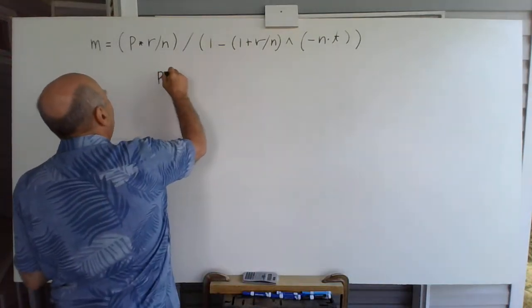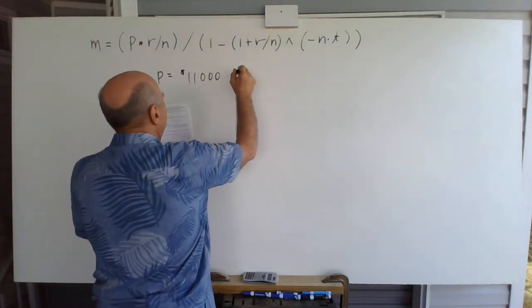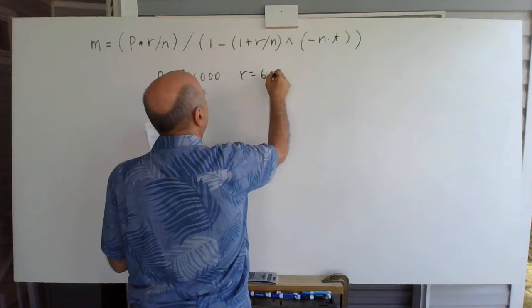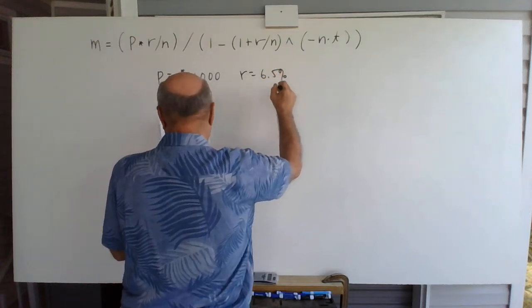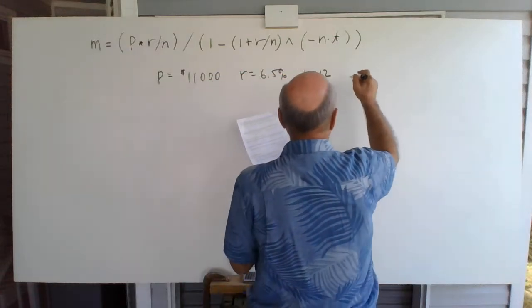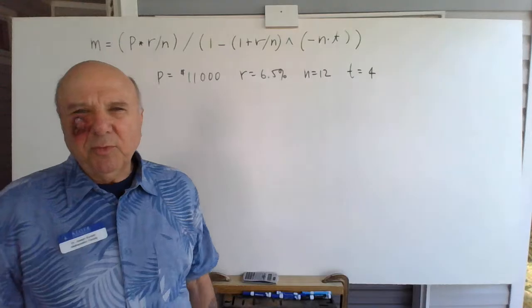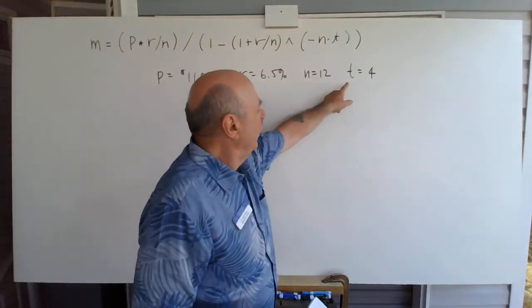So P is 11,000, R is 6.5%, N is 12 because it's monthly payment, and T equals 4 years. So you bought a car, there's 48 payments. NT is 48.